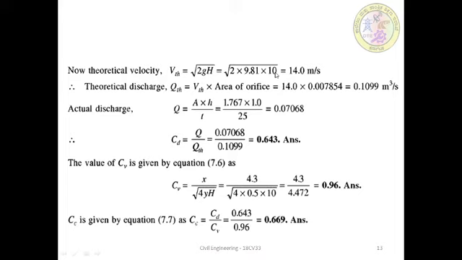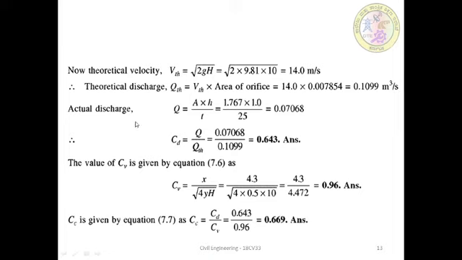The head of the water is known, so the theoretical velocity comes to 14 meter per second. The theoretical discharge can also be calculated. Theoretical discharge is the theoretical velocity into the cross-sectional area of the orifice. You just multiply both, and the theoretical discharge works out to 0.1099 meter cube per second.